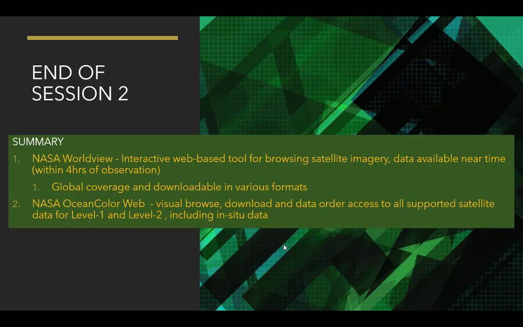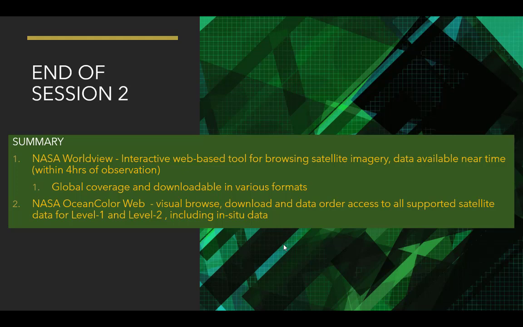So this brings us to the end of this second session. We have looked at the NASA Worldview data. It's an interactive web-based tool for browsing satellite data, and even at times there are some data that are available within a very few hours of their observation.